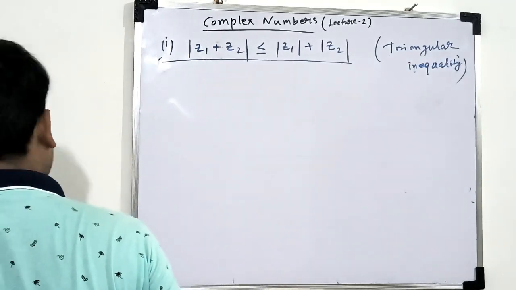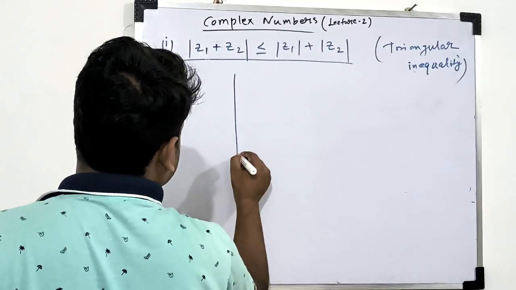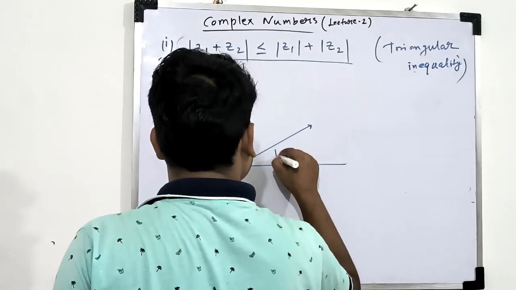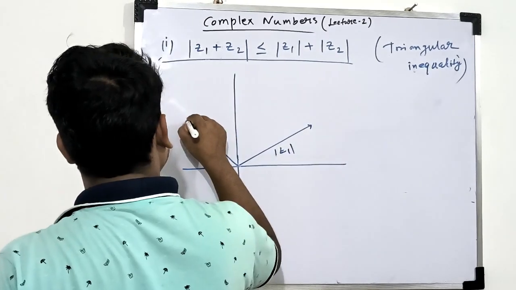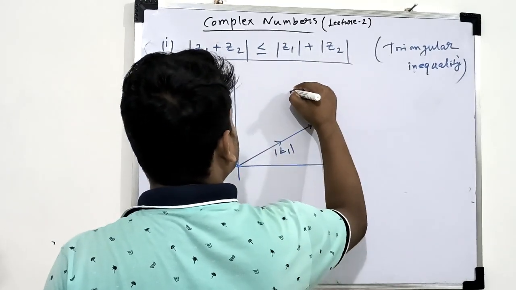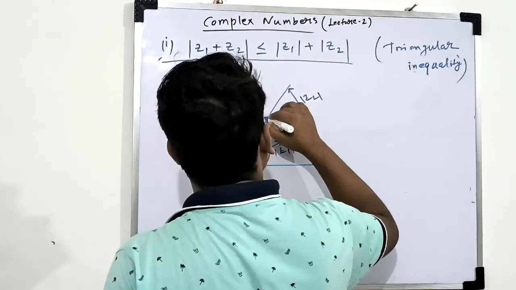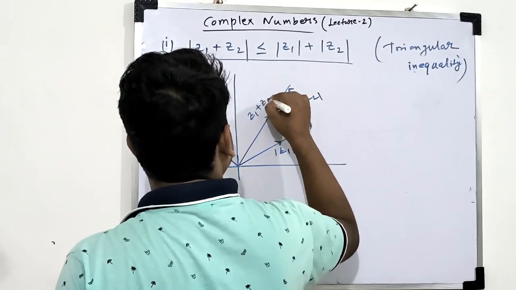Now we graphically explain this triangular inequality. If this is modulus z1 and this is modulus z2, then as this goes to this, this will be z2 and this will be modulus of z1 plus z2.